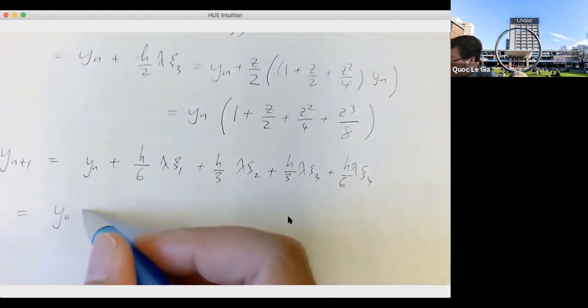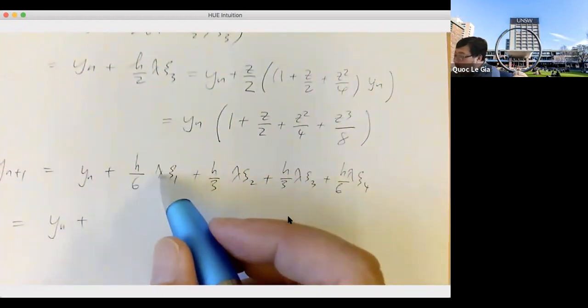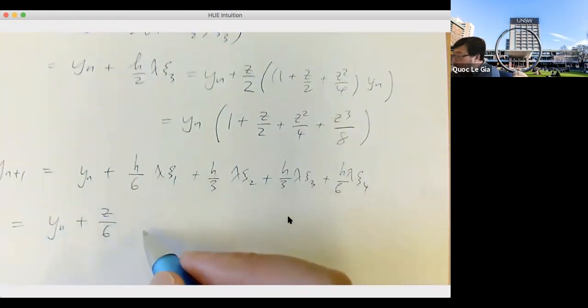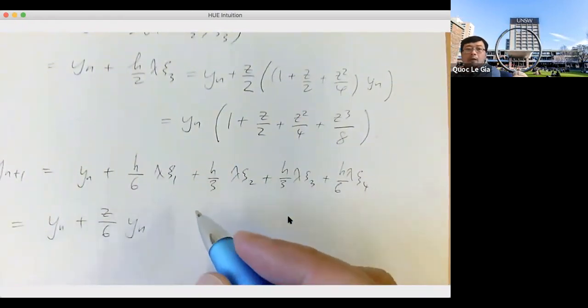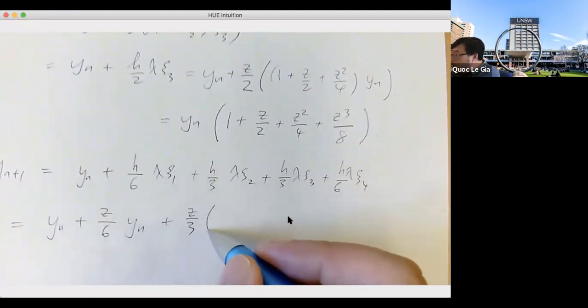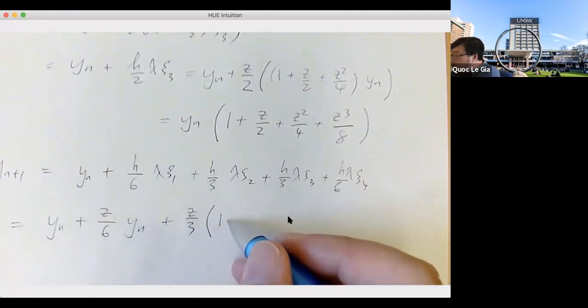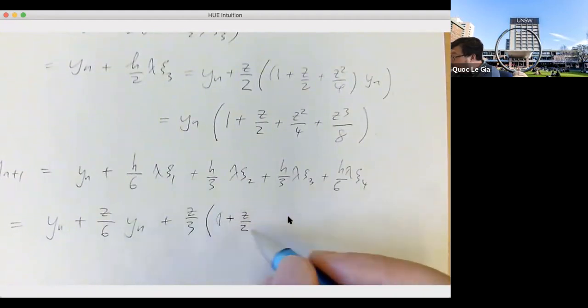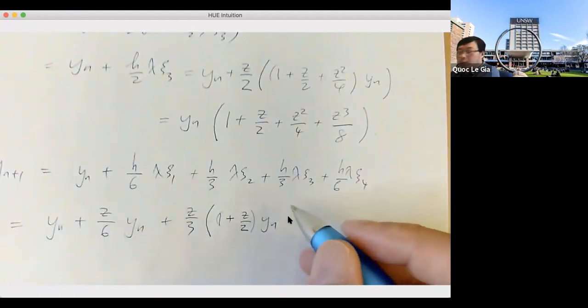So I plug it in. I got yn plus, so h lambda is z, so z over 6. And my xi 1 is just yn. So this one I got z over 3, and my xi 2 is just 1 plus z over 2 yn.